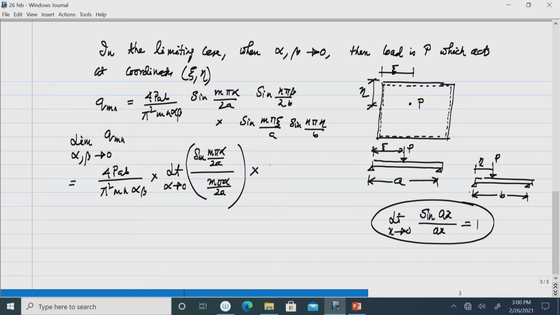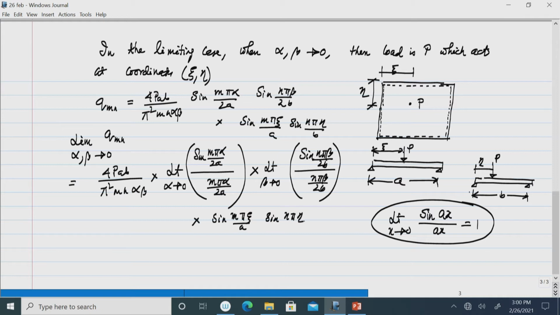Let me write the limiting value. Again the limit as β tends to 0, we will get sin(nπβ/2b), and here nπβ/2b. So, that limit we have written, and then sin(mπξ/a) into sin(nπη/b).